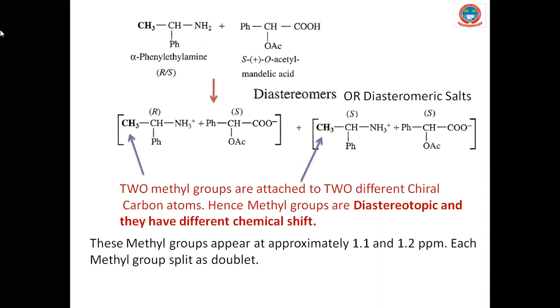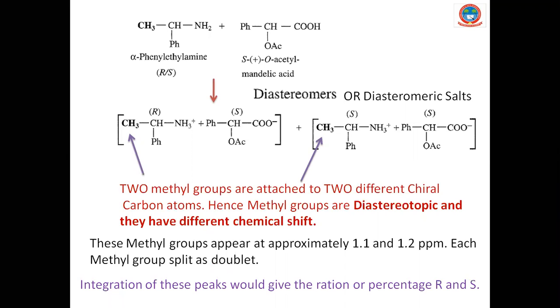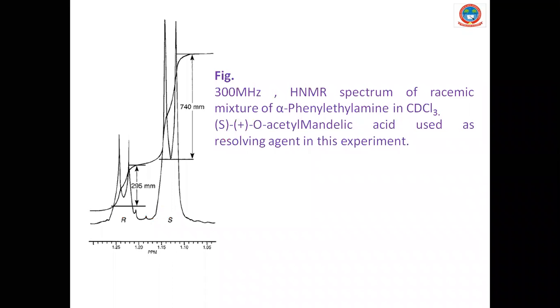Here it is mentioned that the two methyl groups will appear at approximately, with a small difference, 1.1 and 1.2 ppm, and each methyl group, due to the presence of one neighboring proton, splits as a doublet. After integrating these peaks, there are two peaks available.